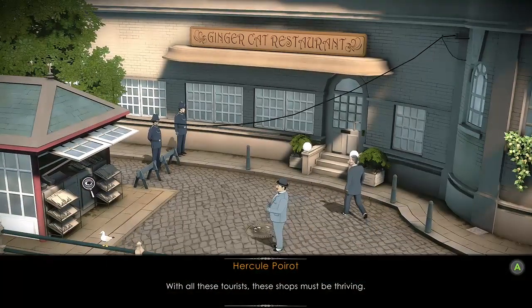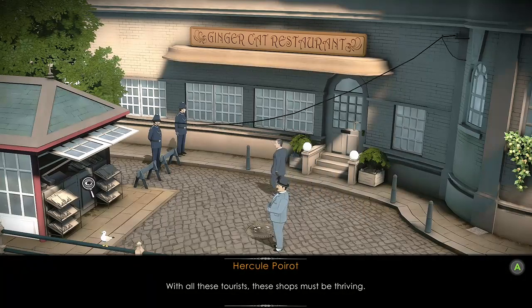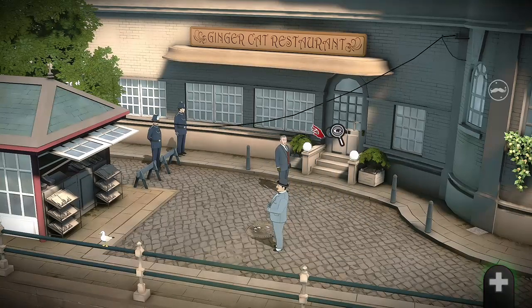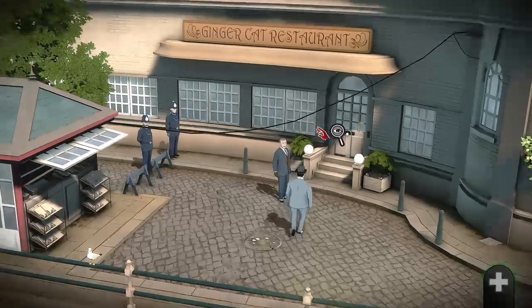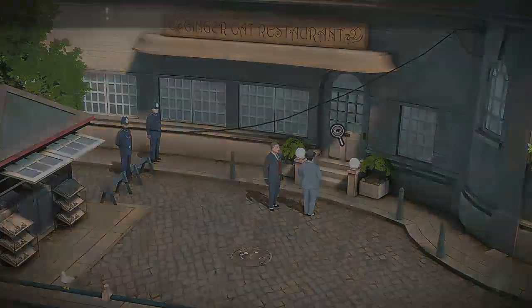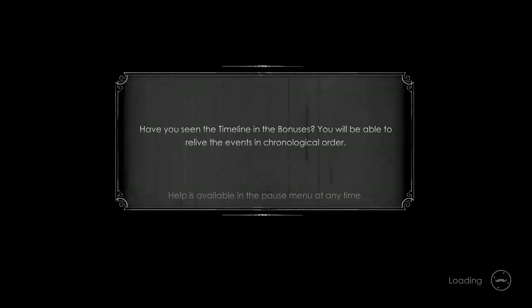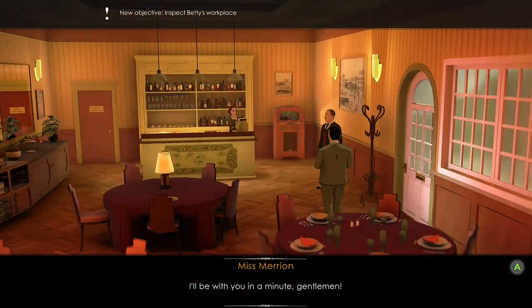With all these tourists, these shops must be thriving. To the pub! I'll be with you in a minute, gentlemen.